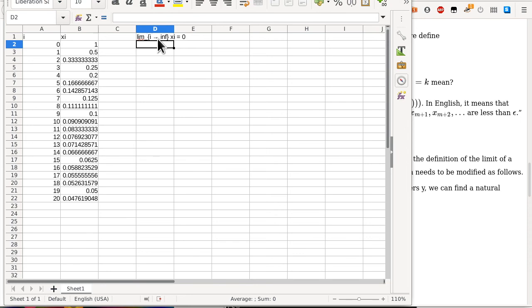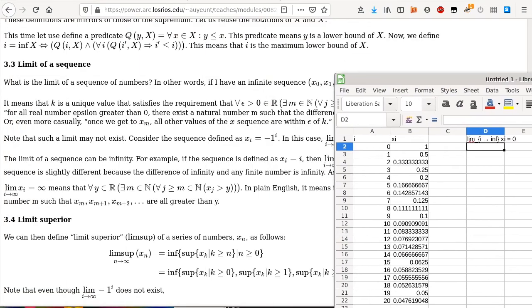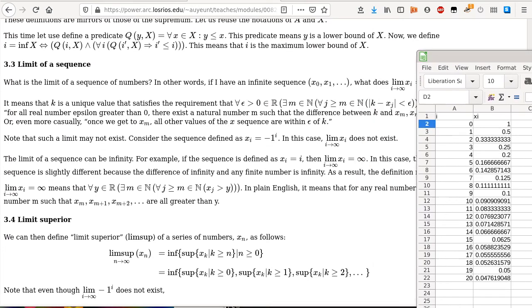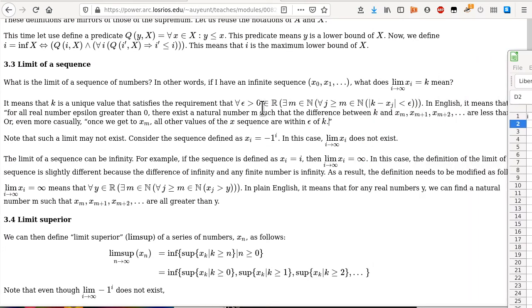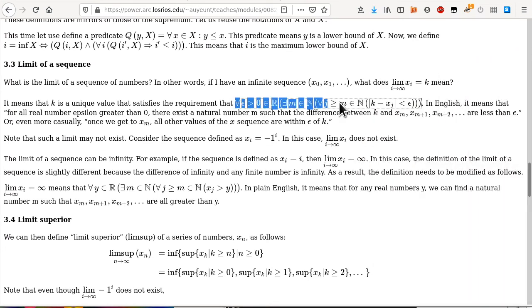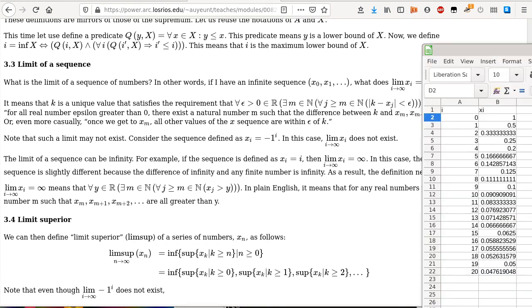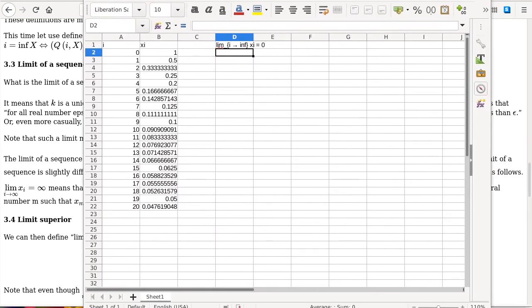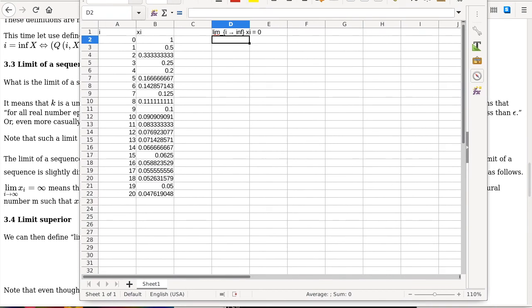Now how does this relate back to the description here, this complicated way to express something like that? What I want you guys to do is to pick me an epsilon. Just give me an epsilon.